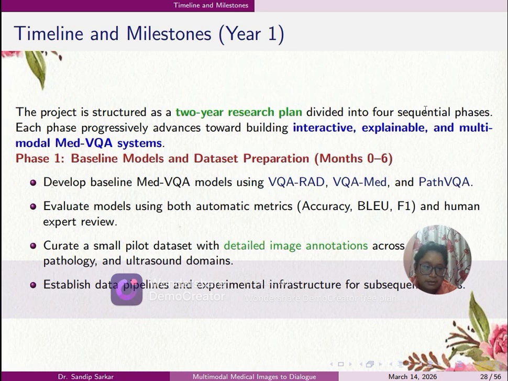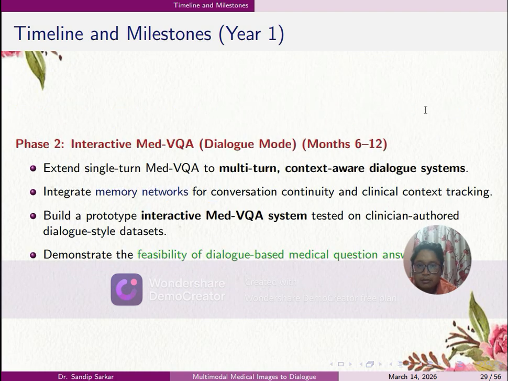These are my data to create an interactive medical VQA, extending a single turn VQA.